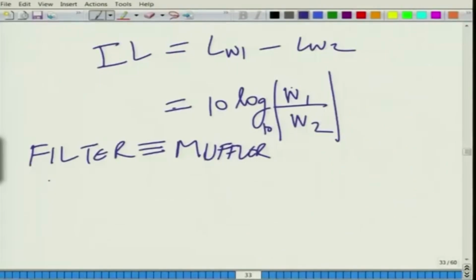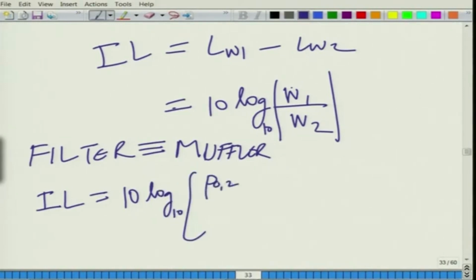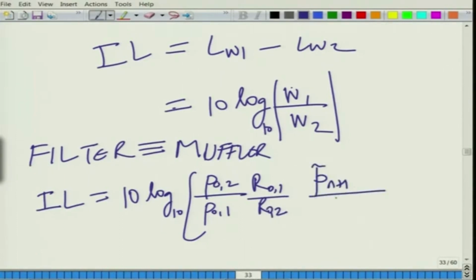So, write down the expression for the insertion loss, which is nothing but 10 times log to the base 10 of rho naught 2 by rho naught 1 R naught 2 times P n plus 1 by Z n plus 1 plus Z naught, times square of that.